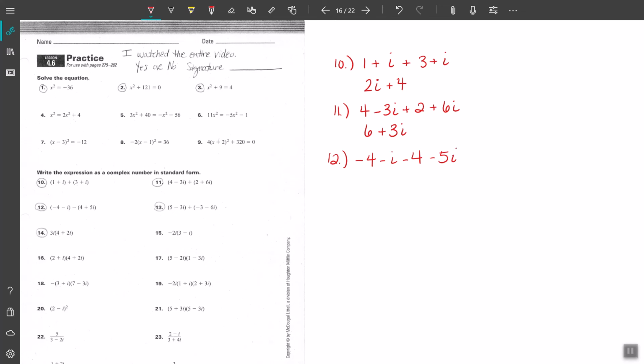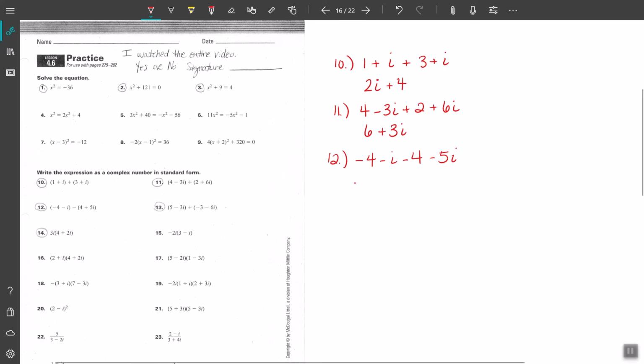Okay? So we're just changing the signs just like you would in any regular problem that had all real numbers. You're doing the same thing with those imaginaries. All right, so now we've got all our parentheses removed and we've got our signs correct in that second set of terms.